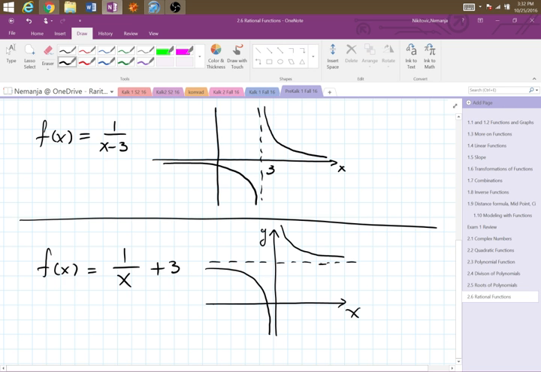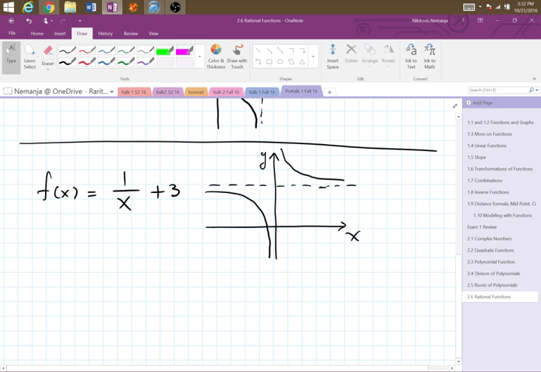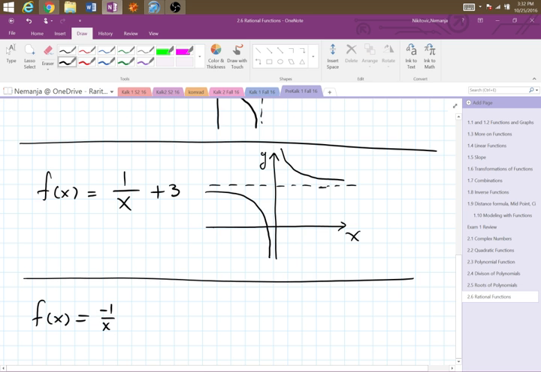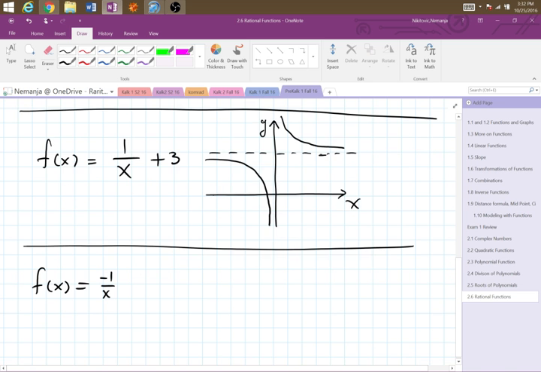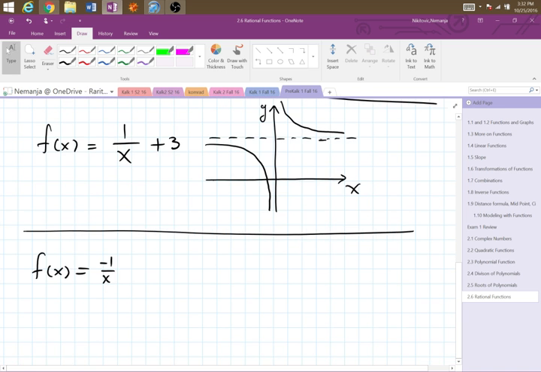So it goes up. What happens if we are to put, let's say, a minus sign, like this? Yes. So we are going to reflect, which means it's going to look like this.